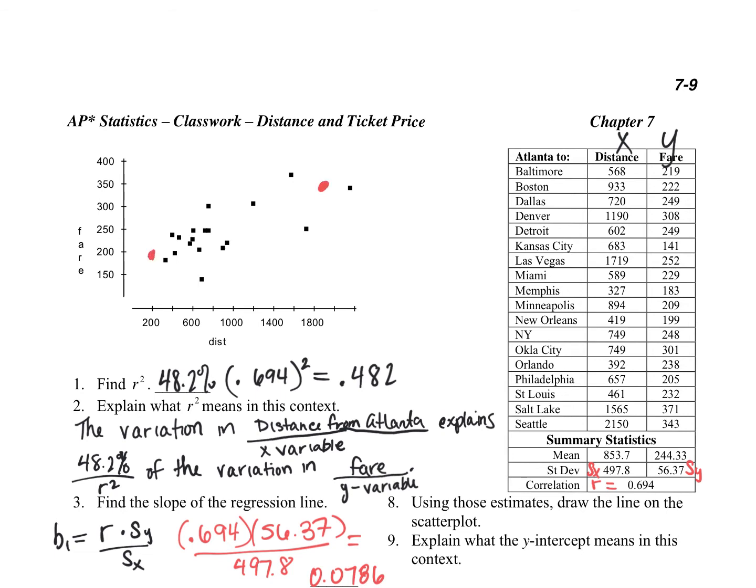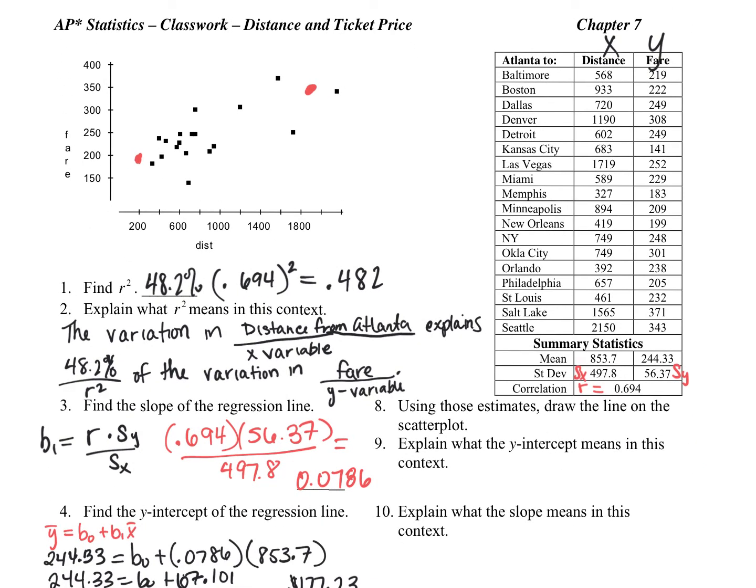So my points are here. This is 8. So we plotted the point 200, 192.95, and then we plotted the point 2,000, 334.43. Of course, it's not exact, right? But it's close enough to give us a good regression line. Okay?